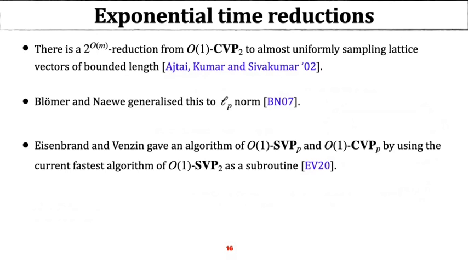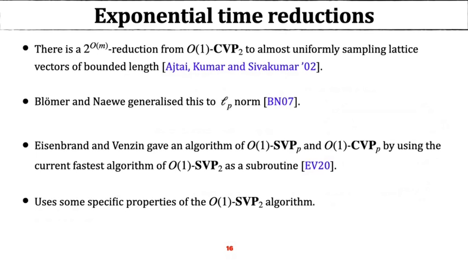I'm saying this is an algorithm because their reduction uses some specific property of the current fastest algorithm for constant approximation of SVP2. Before this, it was believed that when p is not equal to 2, the lattice problems are hard. But because of this reduction, we know that most of the progress is in the L2 norm, and now similar time complexity algorithms are known for CVP and SVP in any Lp norm.